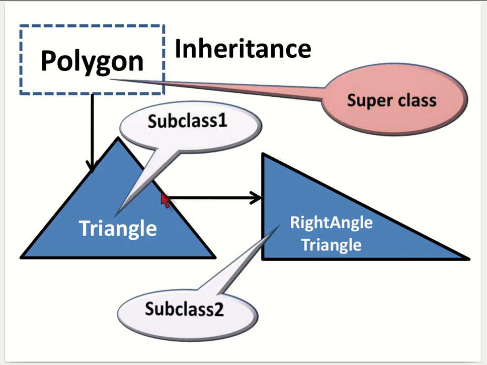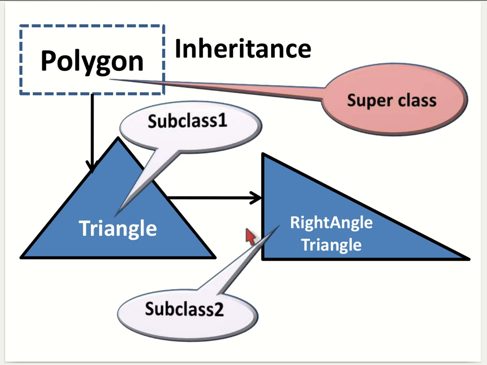This is another level of inheritance. You can see the polygon is the superclass, and the triangle is inheriting the polygon's characteristics as well as having its own unique characteristics.